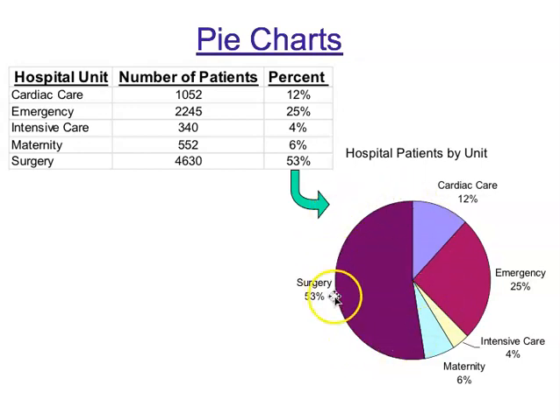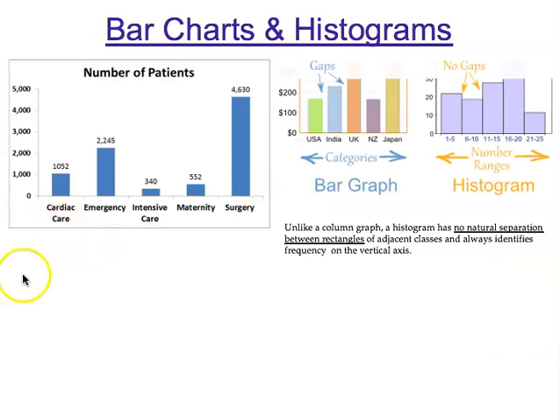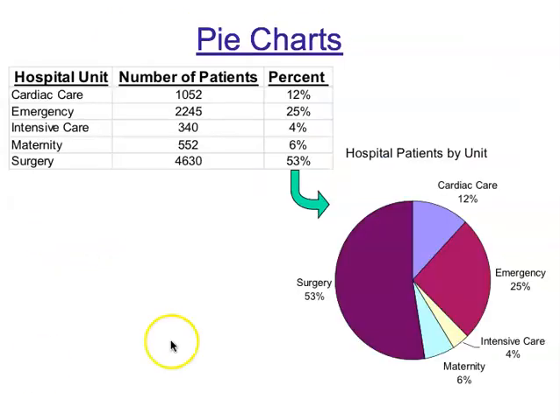And you get good information in a succinct way. Again, you can see surgery dominates and intensive care is tiny. But unlike the bar chart, the pie chart actually shows us that we're breaking down a whole hospital.